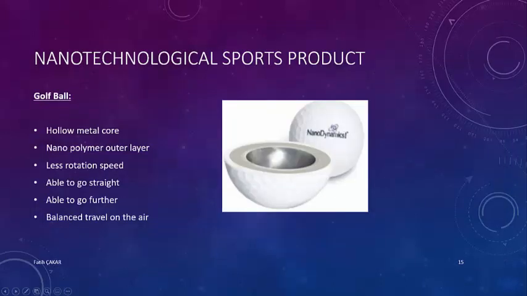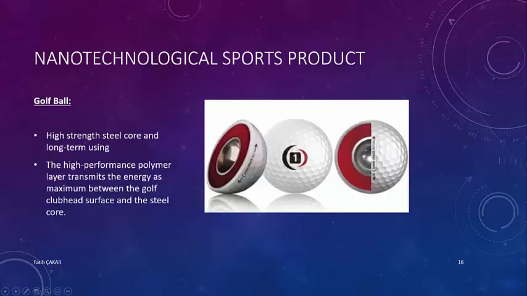For example, in golf balls, nanotechnology is used as a nanopolymer outer layer and a hollow metal core. That allows less rotational speed and lets the golf ball go straight and further, and has balanced travel in the air. Golf balls last a long time because of the strong steel core.